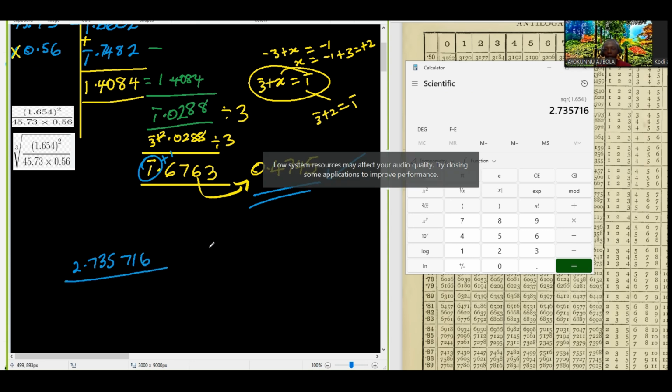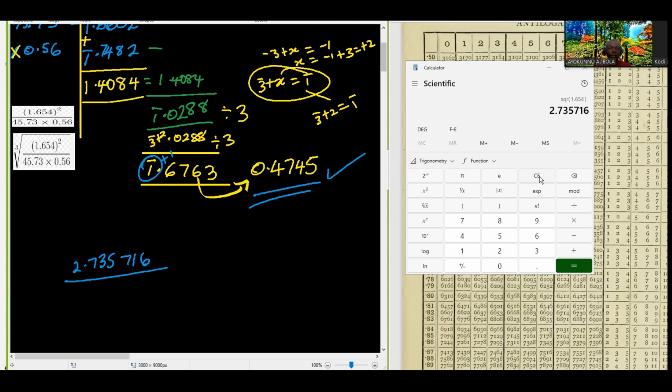I want to divide it by something. So the one at the bottom is 45.73 times 0.56. So I have 25.6088.